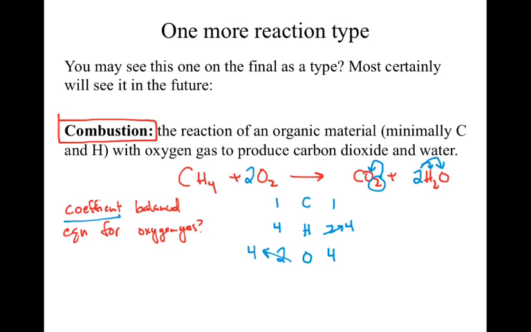So we want the coefficient. This is the number in front. For balanced, atoms have to equal each other. For oxygen gas, well, what is oxygen gas? Oxygen gas is O2, by itself.